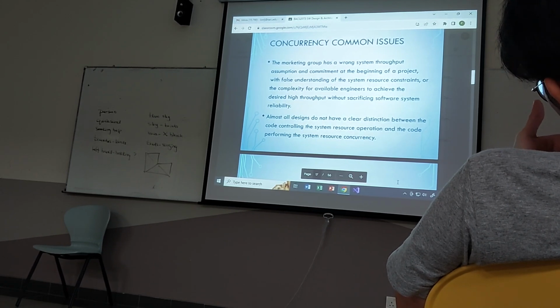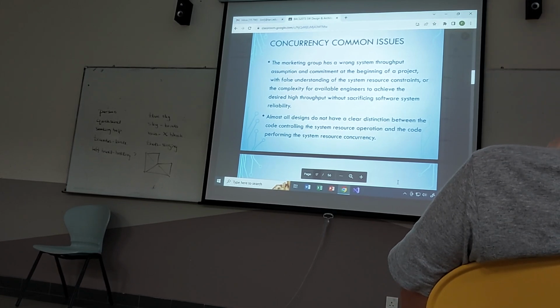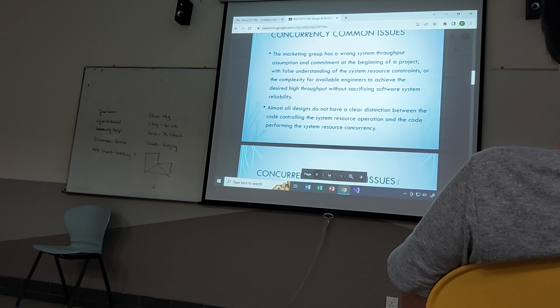There is no clear separation between the code that controls common system resource operations and the code that controls the concurrency process. So these are the problems here.